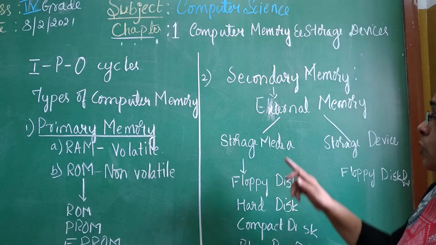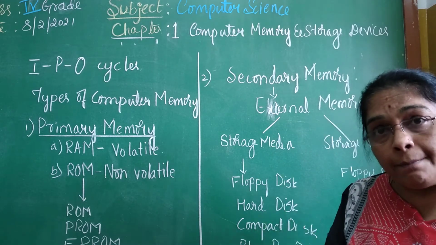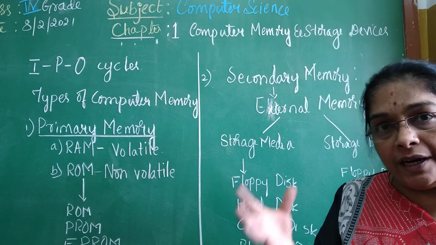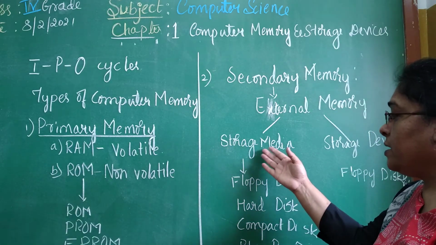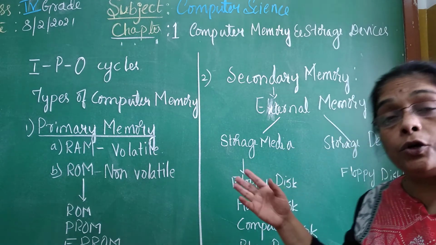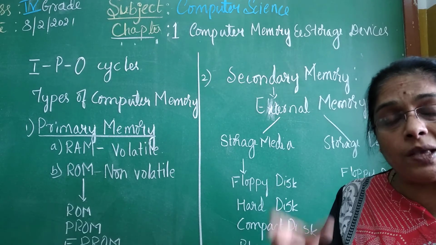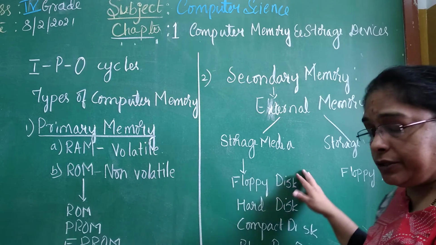As I told you, storage media is where we can store data, instructions, programs, our database, whatever we want to store. Whereas storage devices are attached to the CPU.